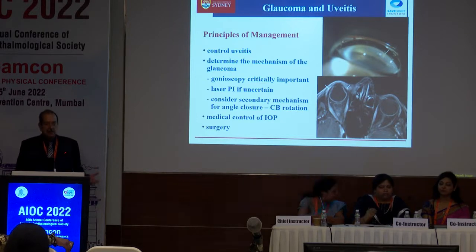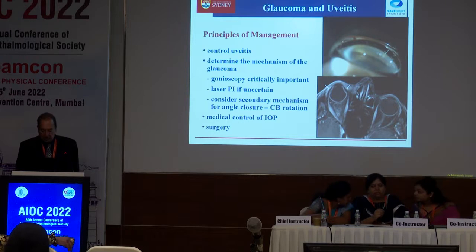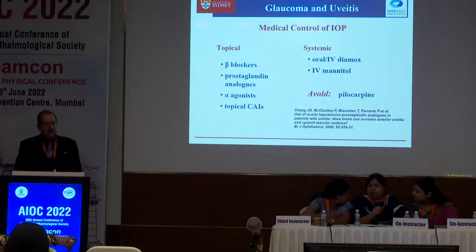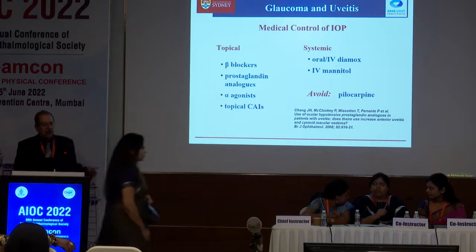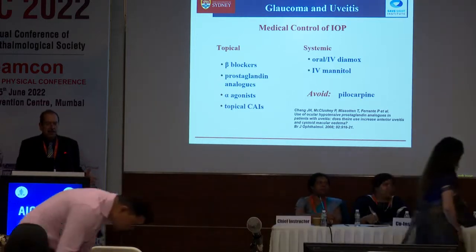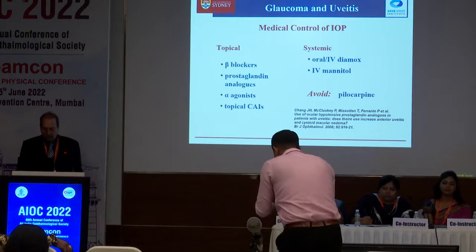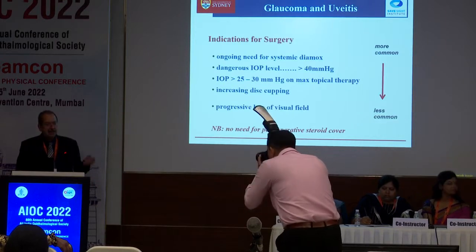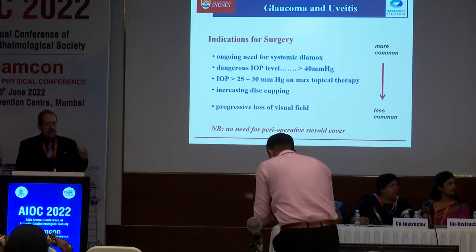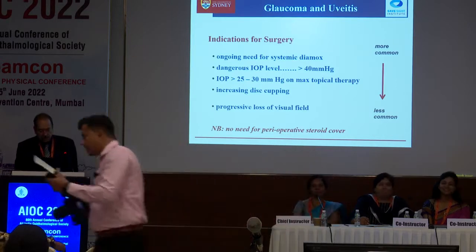Medically, the pressure is to be controlled, and quite often surgery is needed. I'm not going to dwell too much on the medical management. It's fairly straightforward, and you can understand why the one thing to avoid is pilocarpine. It's really the surgery which is the key in many cases of uveitic elevation of intraocular pressure.